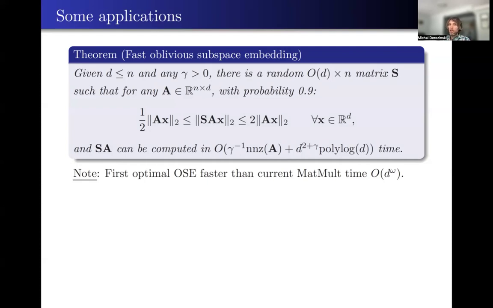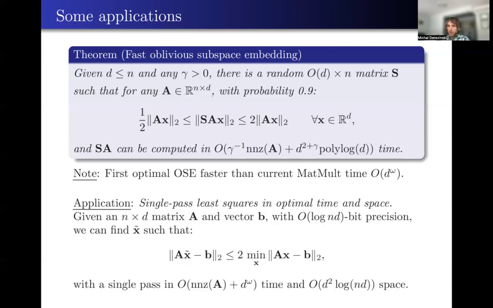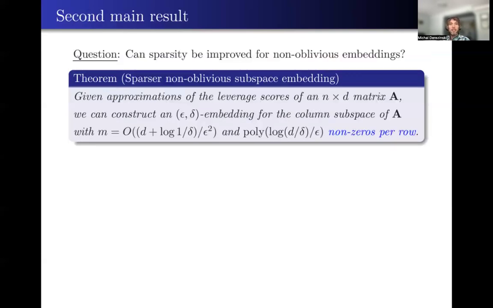What's remarkable is that this is the first optimal OSE faster than current matrix multiplication time, big O of d to the omega, because the polynomial dependence on d here is essentially d squared. And you can directly translate this into a nice result for least squares regression, showing how to do single pass least squares in optimal time and space. But I don't have time to go into more details on that.